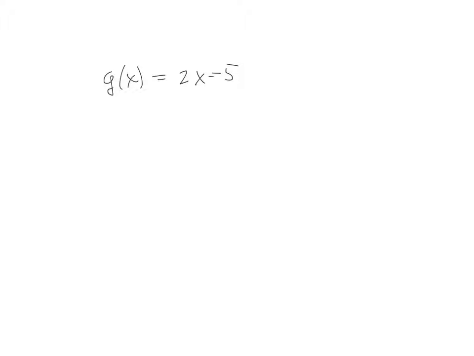For example, this function g says that if I have an input, I'm supposed to multiply it by 2 and then subtract 5, regardless of what it is. So g of 2 would be 2 times 2 minus 5, that's minus 1.